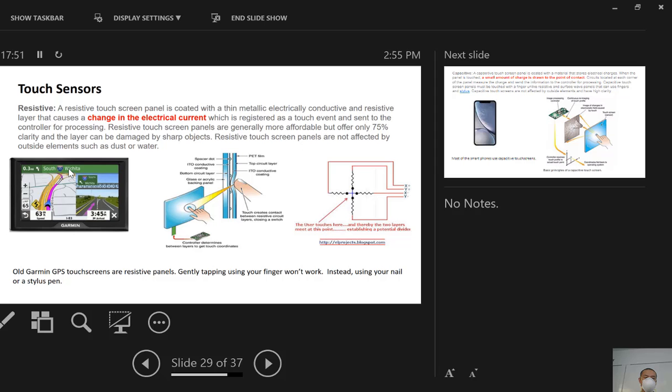So I bought this GPS, and after a while, I was not able to make the changes. I was trying to press the button on the touch screen, but it eventually wasn't responding anymore. I also found I can use my fingertip to press it, but I have to press it hard.